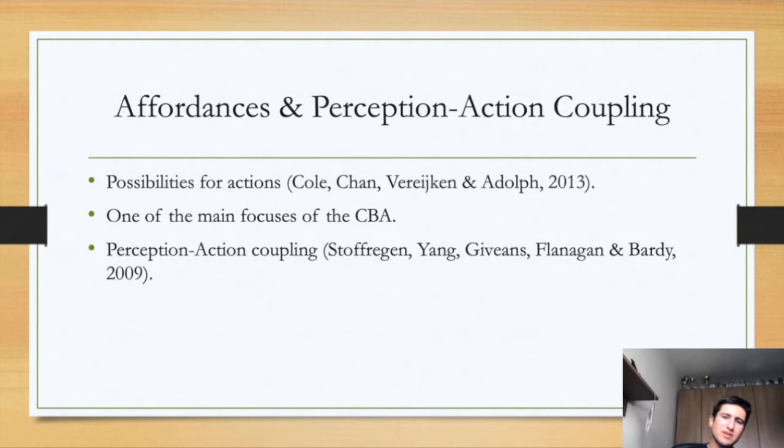Now, perception-action coupling occurs when a movement which is being performed provides further information for more movements to occur. Stoffregen and colleagues wrote that perception is an act and it depends on movement of the receptors, limbs, and the organism itself, so the person himself.